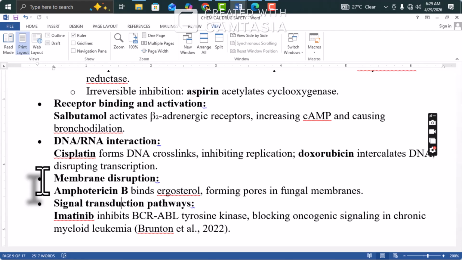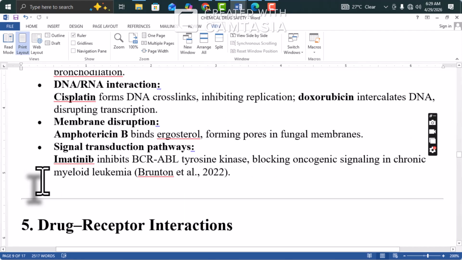Another important mechanism is signal transduction pathways. So for signal transduction pathways, we have an inhibition of pathways in the body, right? So these pathways support both our nervous systems and many other systems in the body.